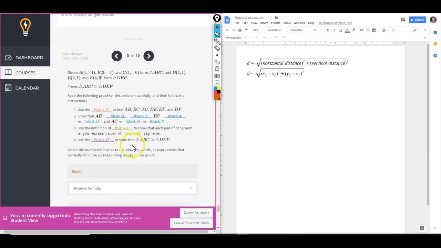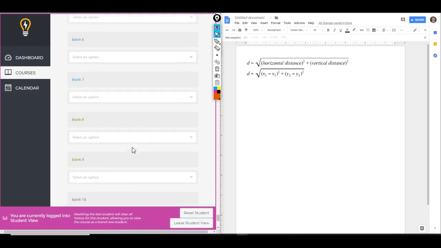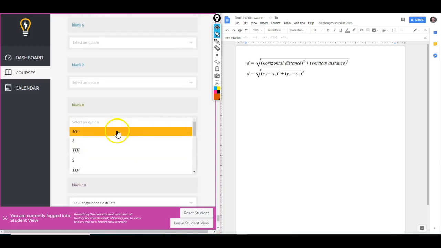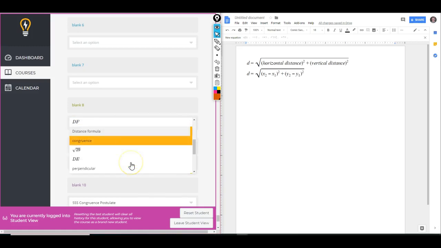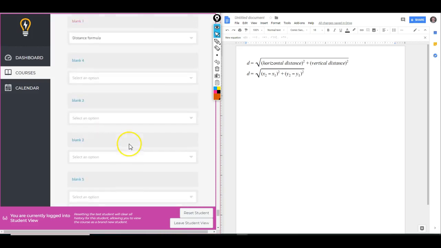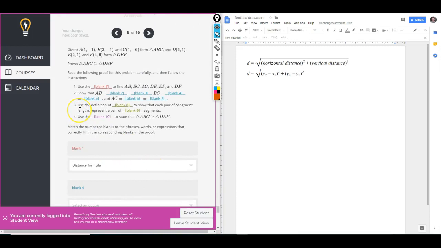So blank 8 and blank 9, let's see the options: EF, 5, segment of DE, side-angle-side congruence, distance formula, congruence, perpendicular segments, or congruent. Okay, so I'm going to think of congruent and segments. Use the definition of congruent to show that each pair of congruent lengths represents a pair of congruent segments.